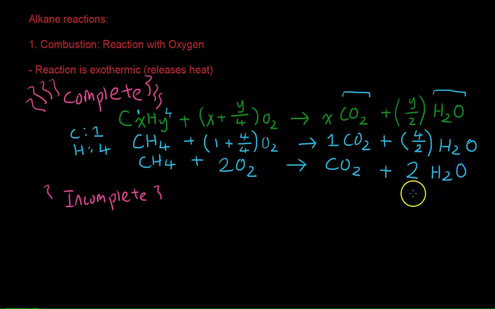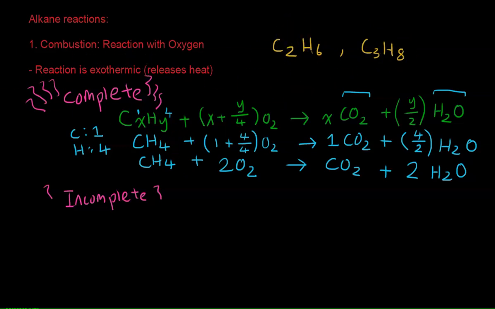This is the final equation for methane. Maybe you can try doing ethane, C2H6, and also propane, C3H8. Give it a try. If you can solve these too, you should have no problem with this combustion part.